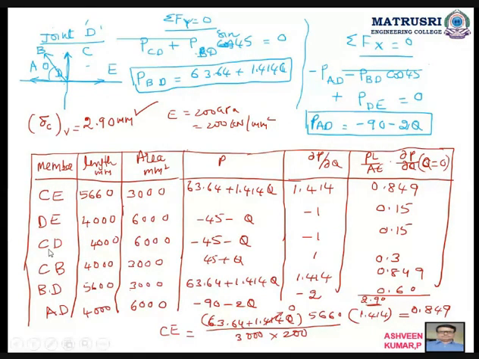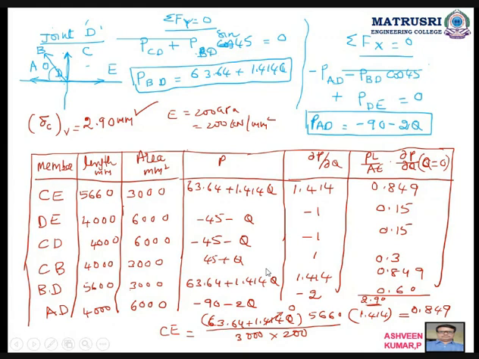So members, I have written all of them here. Lengths you can take, areas, then P. P is what I have taken in a rectangular box, those things I have written, dou P by dou Q. So here dou P by dou Q means this will become 0, 1.414, similar for the others. PL by AE: one example I am taking, P is 63.64 plus 1.414 Q, PL 5660 by A is 3000 into 200 kilonewton per mm square, because I am taking all in mm and this is in kilonewton, therefore kilonewton mm square, into 1.414.